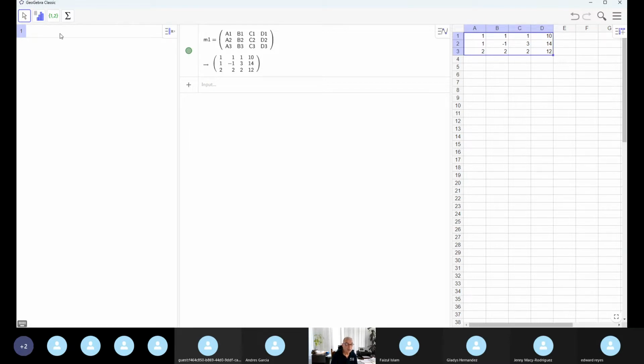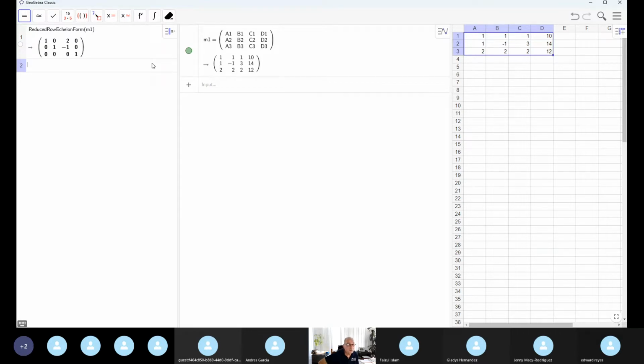Now I apply the first method that we studied, reduce the row. You type in reduce, automatically, reduce the matrix M1, and you press enter, wow, and you get this answer.